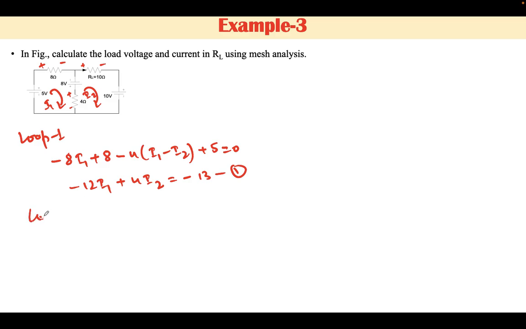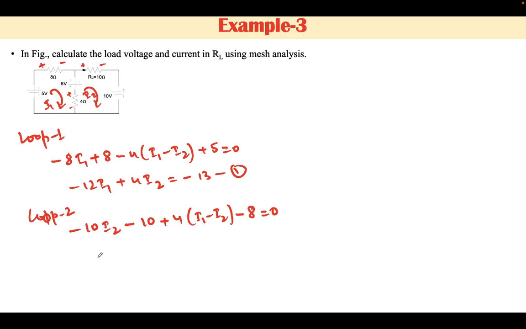Now for loop 2, in loop 2 apply KVL, and this is minus of 10 I2, then minus of, we are moving from higher to lower, then it will be 10, then we are moving from lower to higher, then it will be plus 4 (I1 minus I2), then higher to lower again minus 8 is equal to 0.